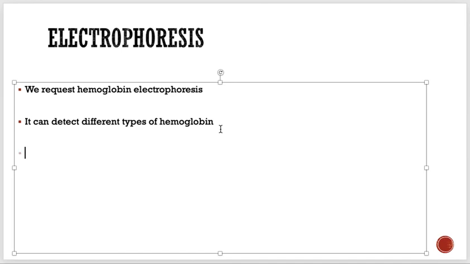Once we finish that, we will talk about other investigations like electrolytes and ABGs. My target is to finish all the blood tests, then we will move on to the urine tests, then imaging, and we will go this way. So thank you so much, guys, for listening. Hope you understand well.